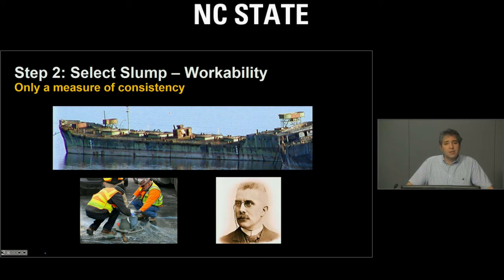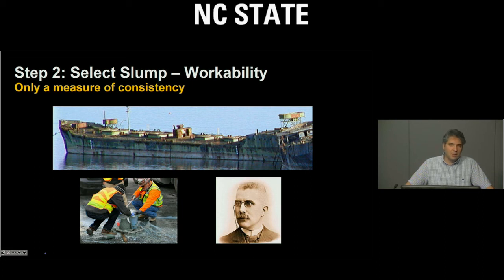The slump measurement was created at that point as a measure of consistency of the mixture that concrete ship producers were receiving, and they wanted to make sure that they all have the same consistency. Now, after that, it has been standardized, and today we use it widely. But again, the take-home message is that it is not an intrinsic property of the material.